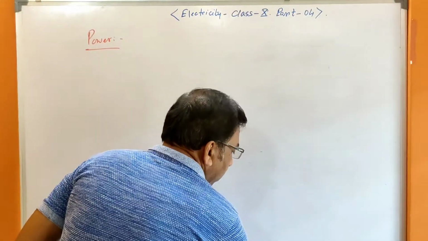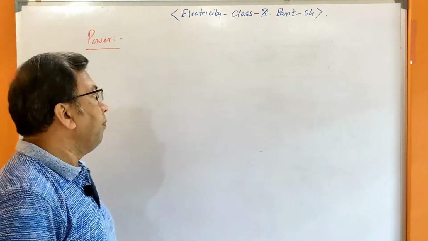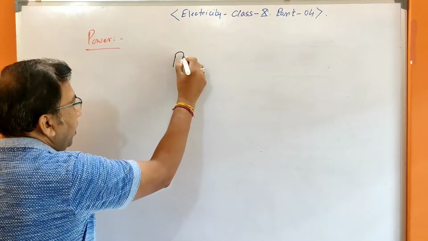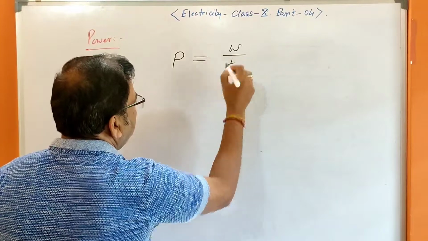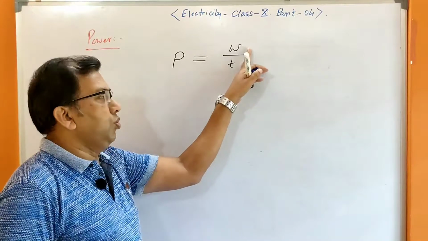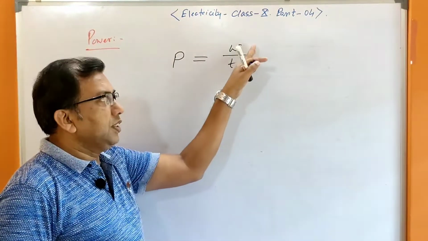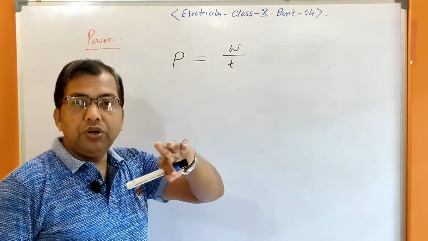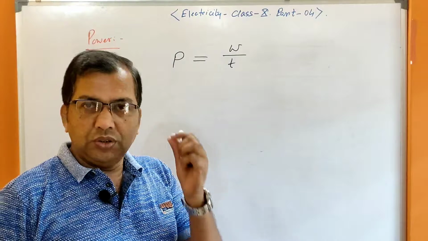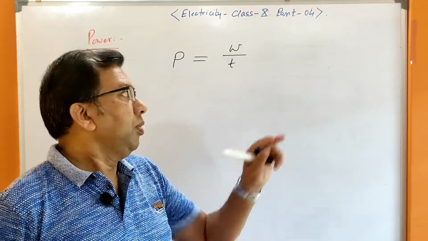So let's see the formula. P equals W by T, the amount of electric energy consumed per unit time. What do you know? W equals VIT.